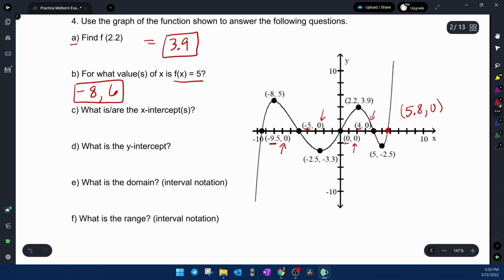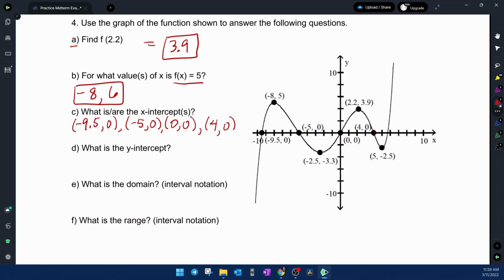And then once we have all of the x-intercepts identified, we need to write them as ordered pairs. So we're going to have negative 9.5, comma 0, negative 5, comma 0, 0, comma 0, 4, 0, and finally 5.8, 0.